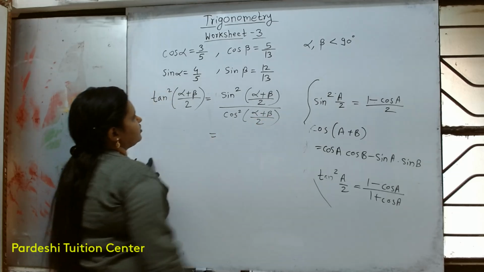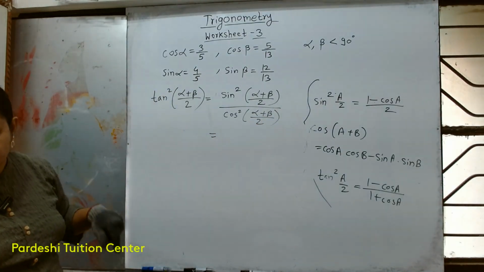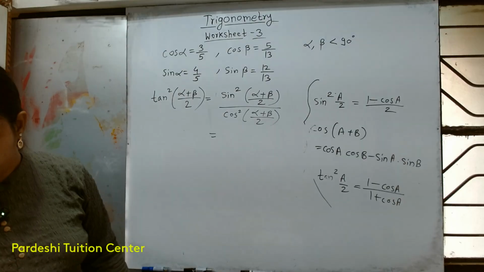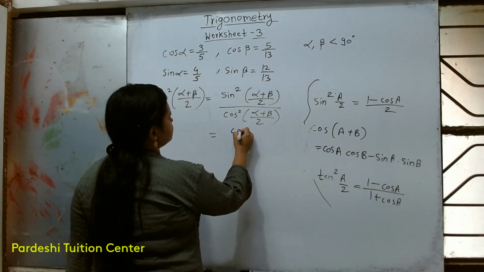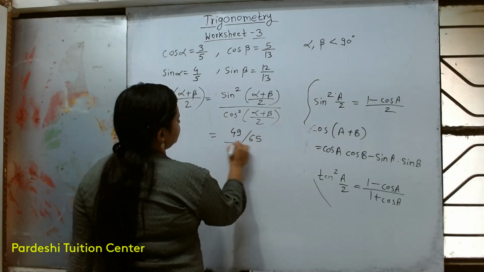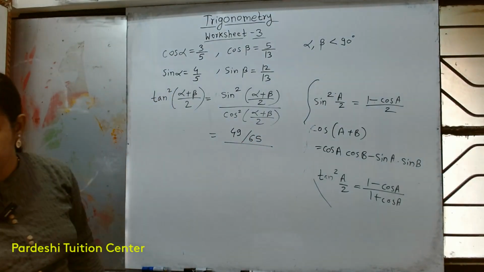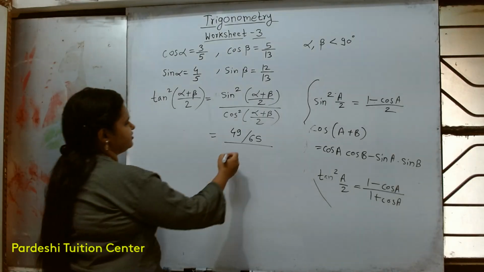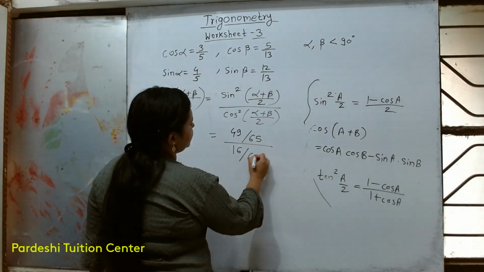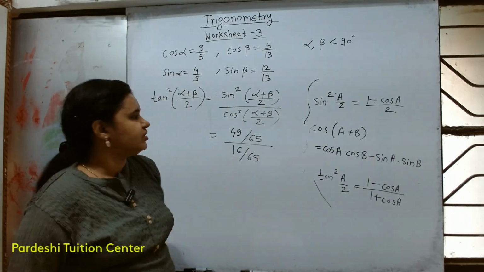What was our sin square (alpha plus beta) by 2? It was 49 by 65. Directly I am putting the values, and cos square (alpha plus beta) by 2 was 16 by 65. We have just calculated these in questions 17 and 18.